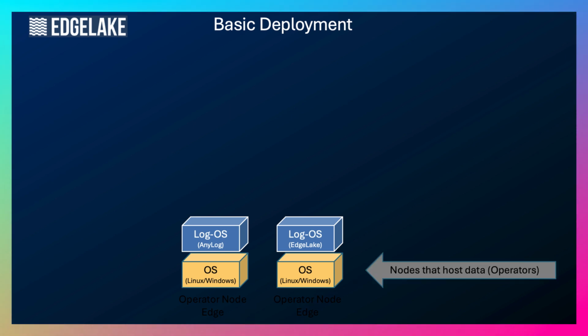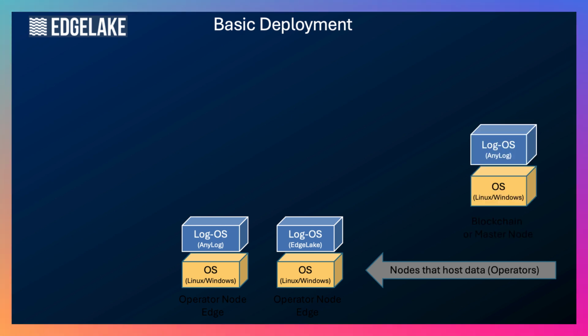So we have these operator nodes. You could have one up to thousands of operator nodes. In this example, we're only going to be using one operator node as part of the deployment scenario. Each operator node is then connected to a blockchain. The blockchain is used to synchronize data, to synchronize services across all of the different operator nodes in an environment.